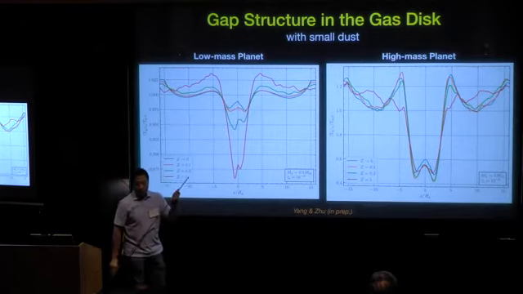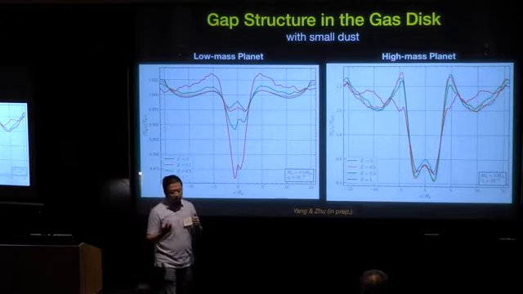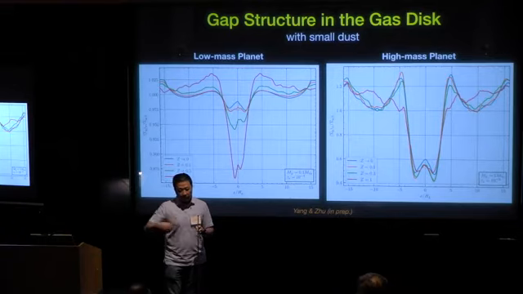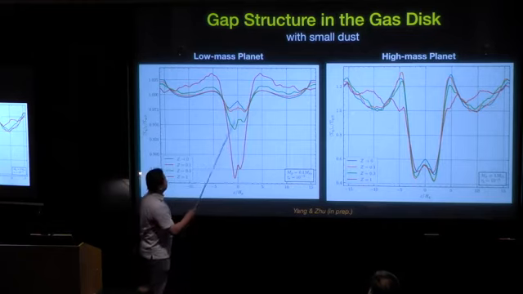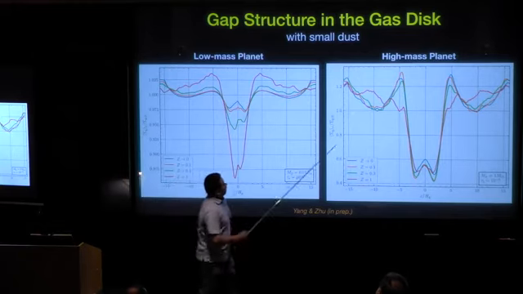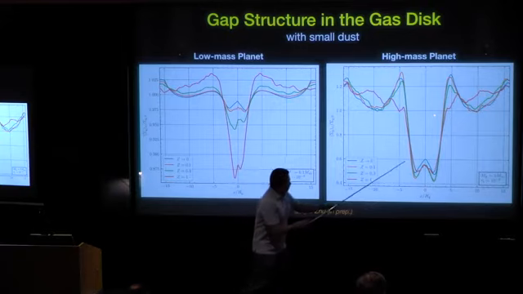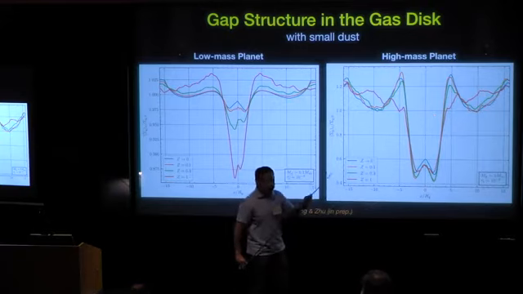Not the width. So my interpretation is that the solid loading does not change the resonance locations of the spiral excitation. That's probably why you still get the same width. And for a very, very high mass planet, this depth effect is gone.